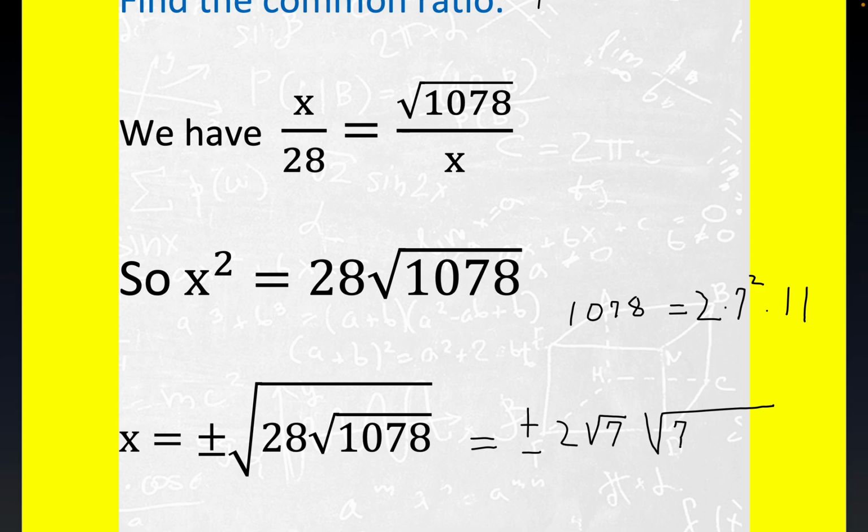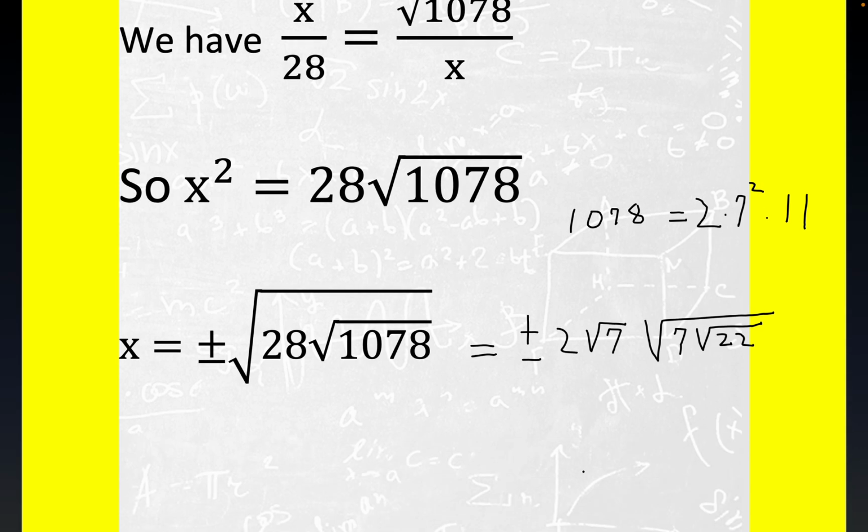Okay, so you got 7, and then you still have the square root of 2 times 11, which is 22, right? Everybody comfortable there? All right, so what is all this equal to? Let's see, that would be equal to plus or minus 2 root 7.